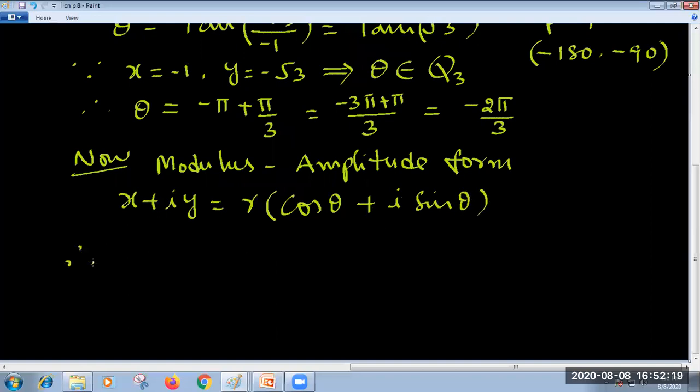So for this given complex number minus 1 minus i root 3, I have to substitute the r value. So the r value is 2 and the theta value is minus 2 pi by 3.